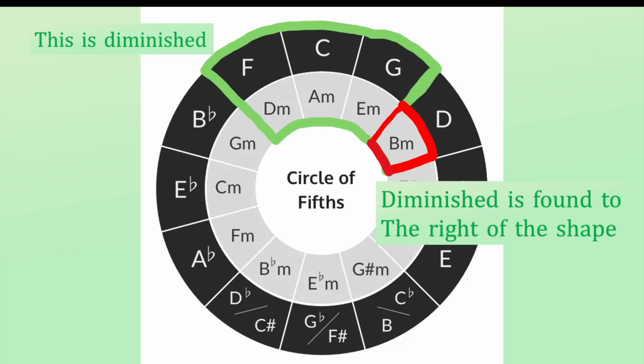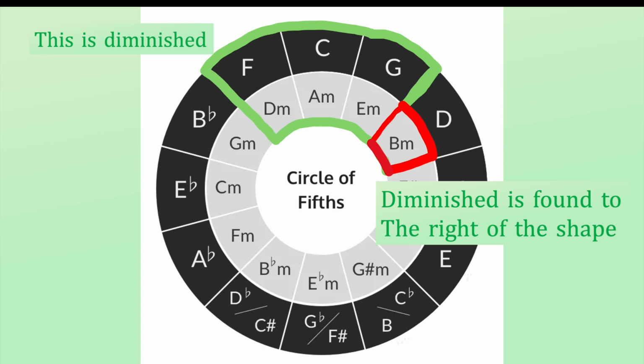That is because it isn't B minor, it's B diminished. We work out the diminished chord using the circle of fifths by it being the minor chord to the right of the shape that I have shown you. You will find when you work inside out, you will find the minor variant, whereas if you were to do it from the outer going in, it would be the major variant.